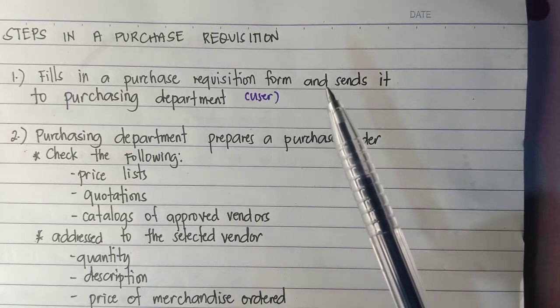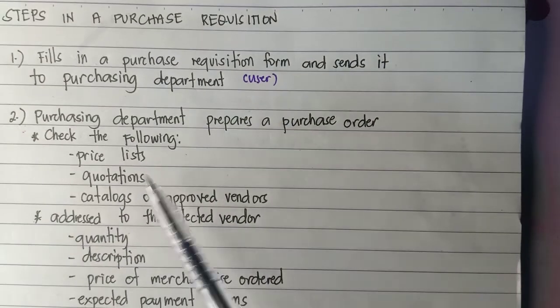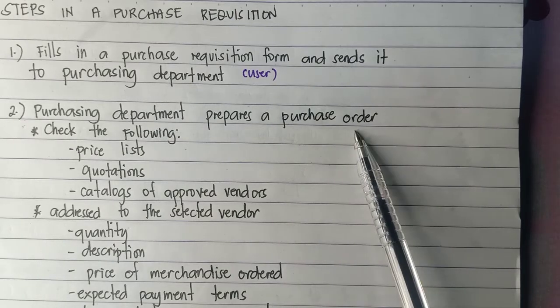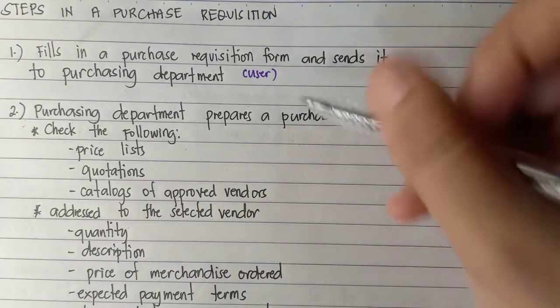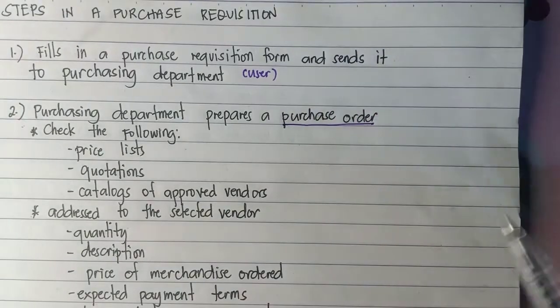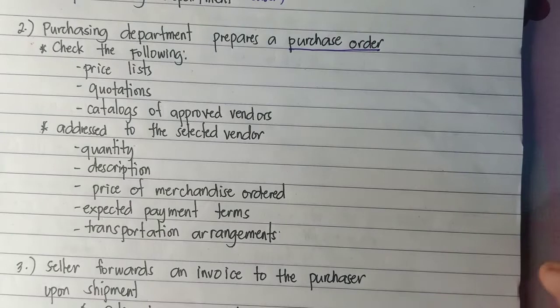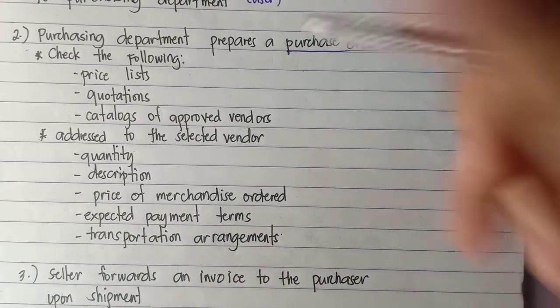Then, next is after that, the purchasing department prepares a purchase order. So, kapag natanggap na ng purchasing department, the purchasing prepares a purchase order after checking the things that should be checked by the purchasing department.